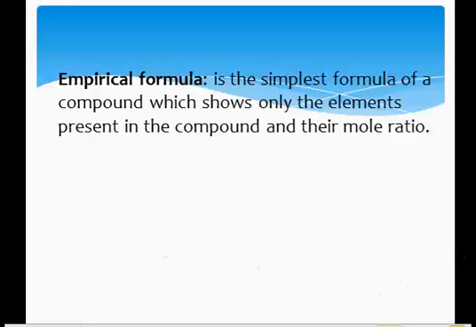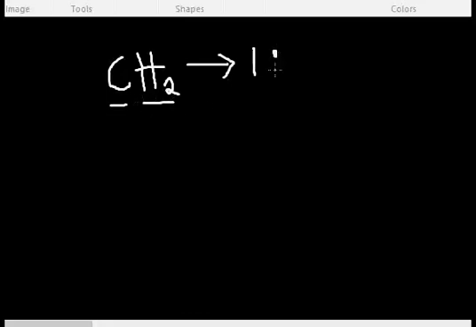For example, if I said that the empirical formula of an organic compound is CH2, this information is just telling me that this compound contains hydrogen and carbon in the ratio of 1:2.